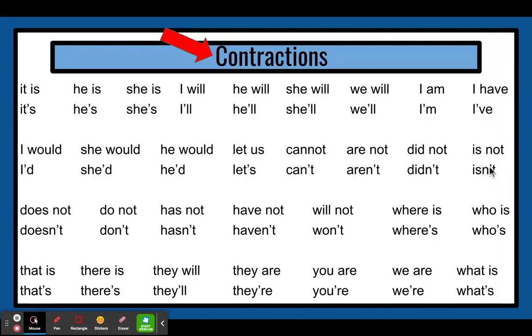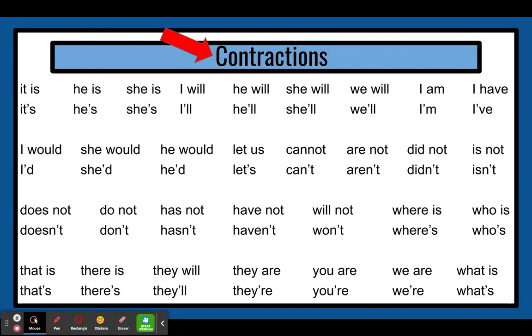Are not becomes aren't. Did not becomes didn't. Is not becomes isn't. Let's read the contraction line. I'd, she'd, he'd, let's, can't, aren't, didn't, isn't.